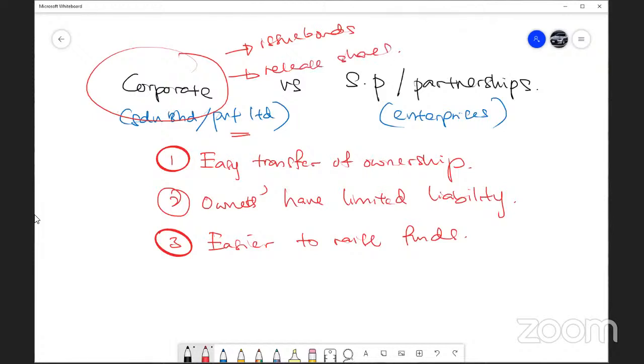But enterprises, proprietorships and partnerships, can't do that because there's no valuation. You're not properly audited. How are you going to issue bonds? How are you going to assure people that you're going to make money? And how are you going to release shares when your shares don't even have a value? And lastly, unlimited life of the business.